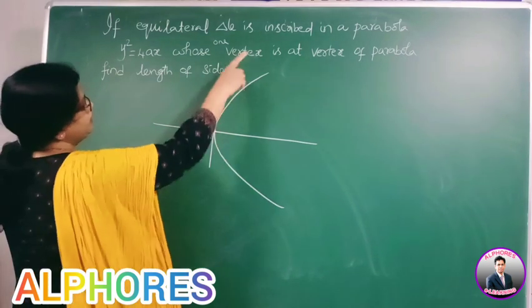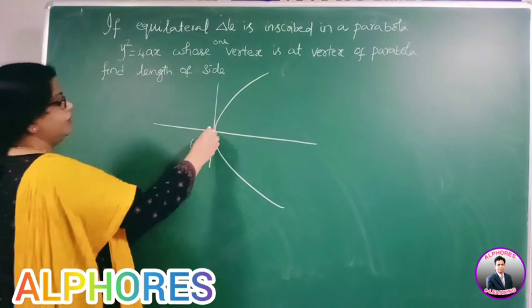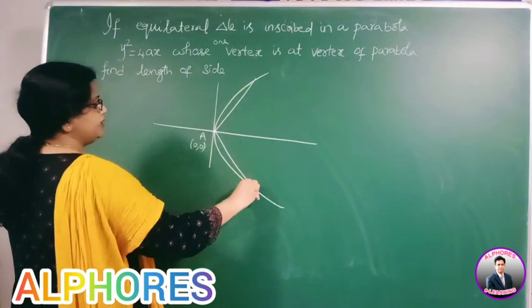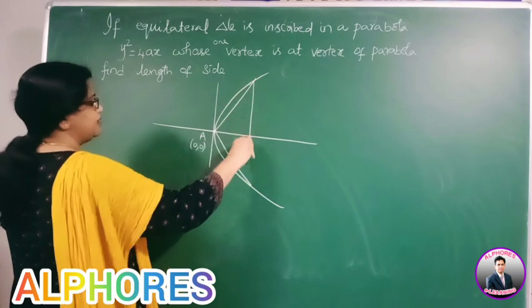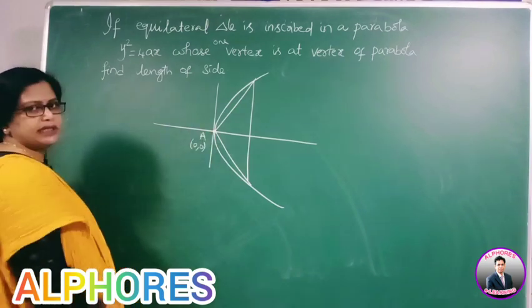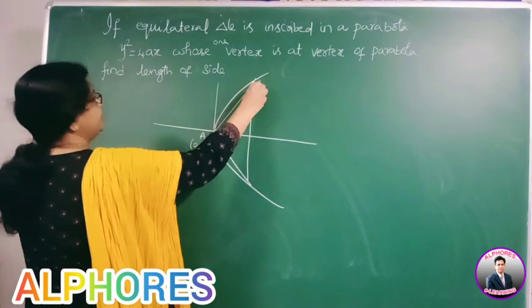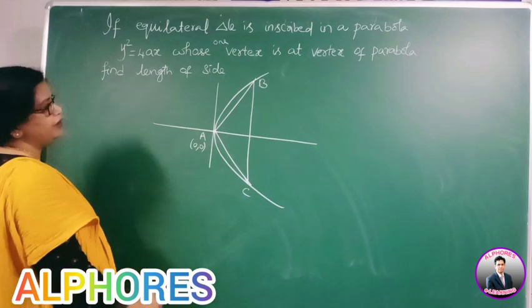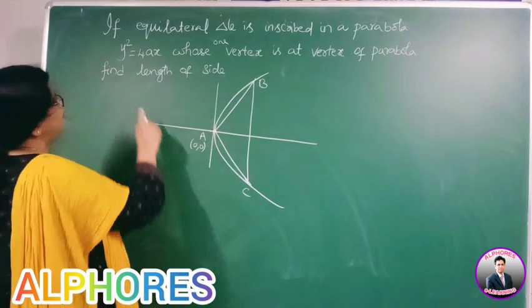And next they said equilateral triangle. So the equilateral triangle is inscribed, suppose this is our equilateral triangle, where one vertex is exactly at the vertex of the parabola. Now take this one as B and this suppose C. And now one of the points on the parabola y square is 4ax I want to take.